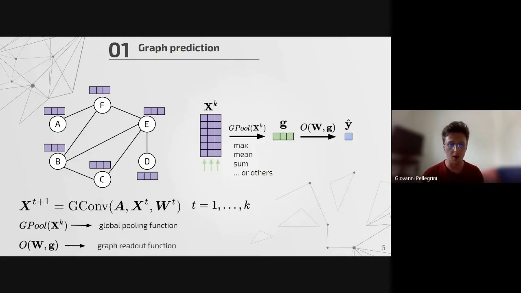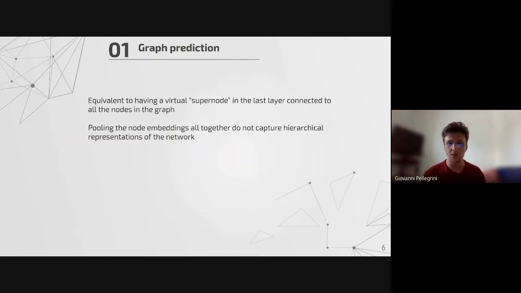Then if you want to perform a prediction for the graph, you simply use a readout function, which is basically a multi-layer perceptron, to obtain the prediction value. This is basically equivalent to having a super node that is connected to all the nodes in the graph, and using its embedding just to obtain the final prediction.